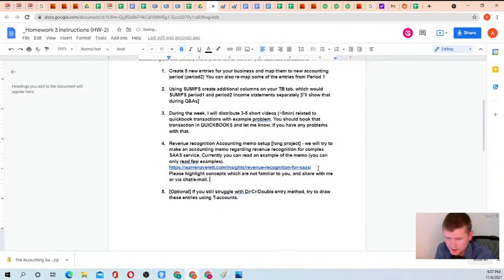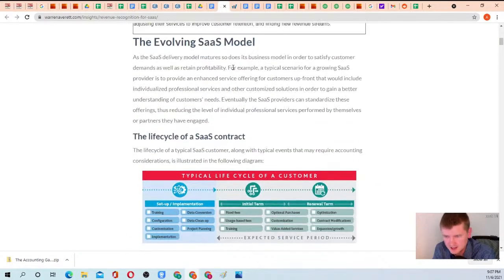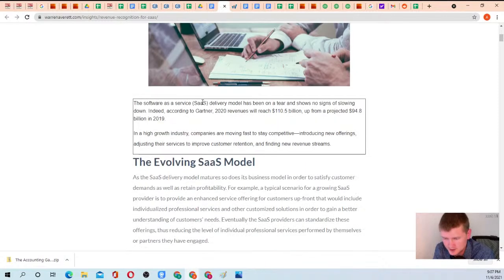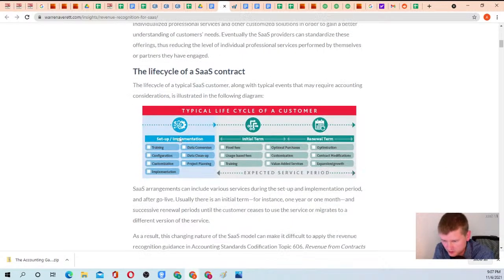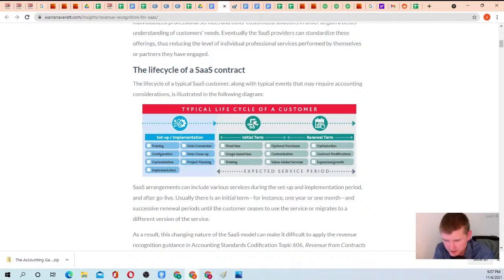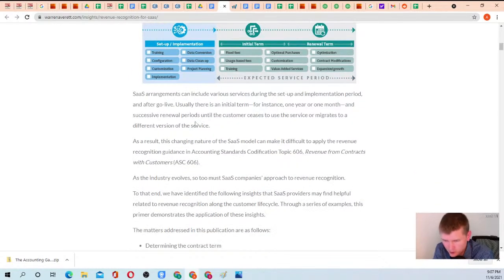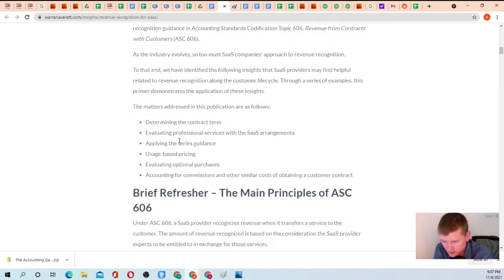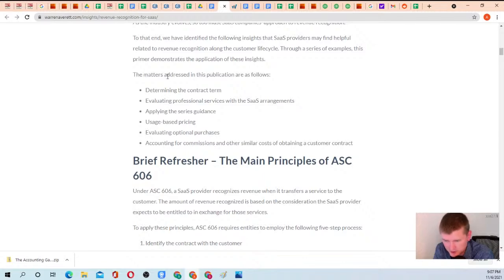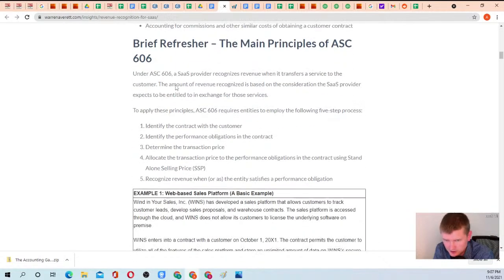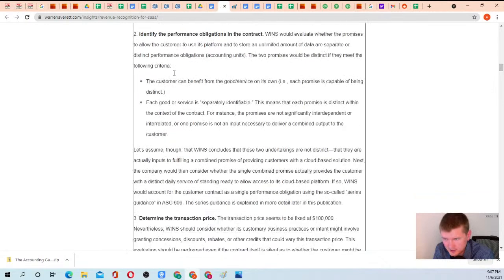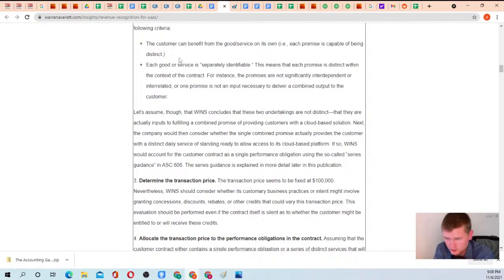That way, if you highlight, maybe you don't know what SaaS, software as a service, is. Maybe you don't know what a life cycle is. Maybe you don't know what the 5-step revenue recognition framework is. I don't know what you don't know. Everyone comes to the course with some previous knowledge.